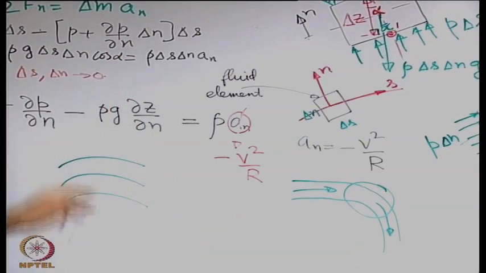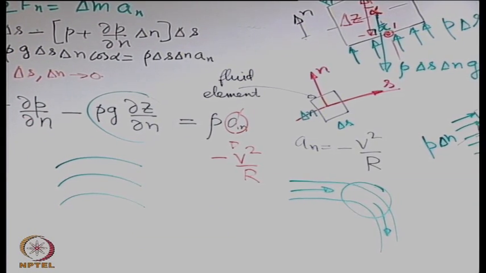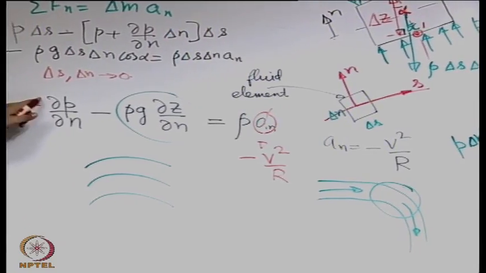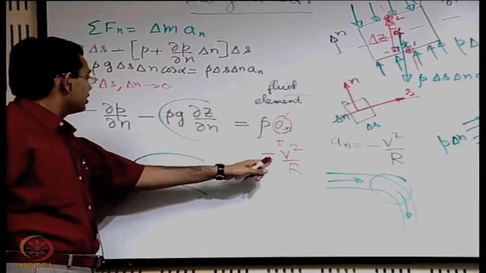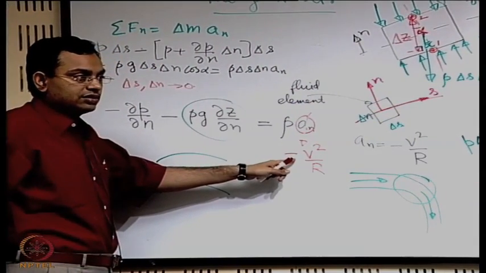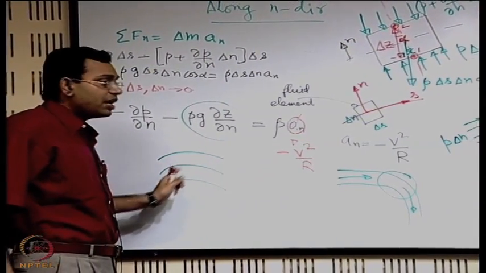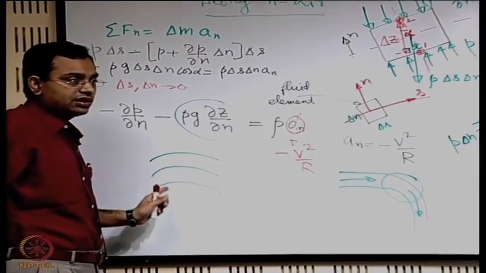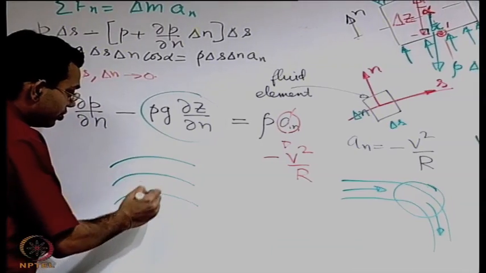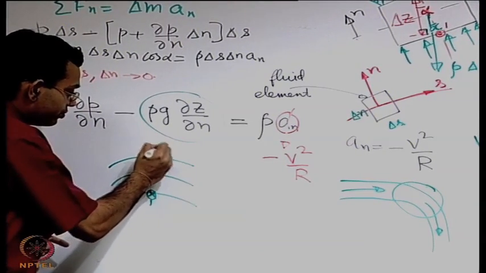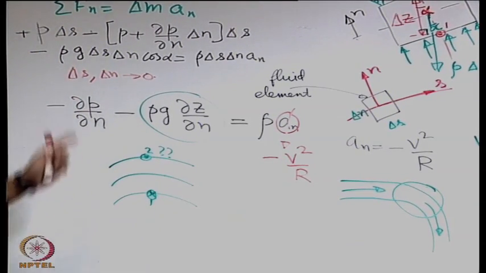Say there is a pipe which is bent in a horizontal plane. So then just for simplicity, so that this term is not there. So when that term is not there, you can clearly see that the pressure gradient along the normal direction should be given by rho v square by r. So if the streamlines have some radius of curvature, and if you know the pressure at say this point 1, you should be able to predict what should be the pressure at this point 2, if you know the radius of curvature of these streamlines.